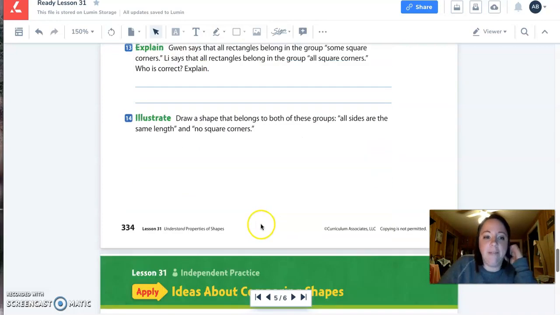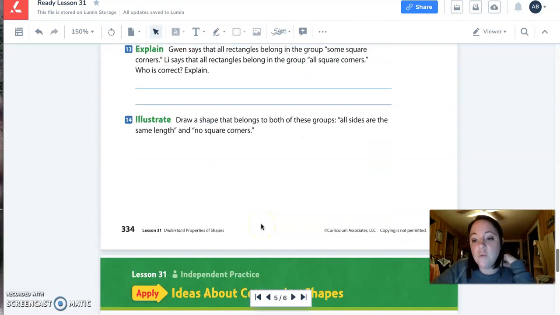All right, explain. Gwen says that all rectangles belong in the group some square corners. Lee says that all rectangles belong in the group all square corners. Who is correct? Well, they both technically are correct because Gwen says that they belong with some square corners, which they do have. And then Lee says that they have all square corners.